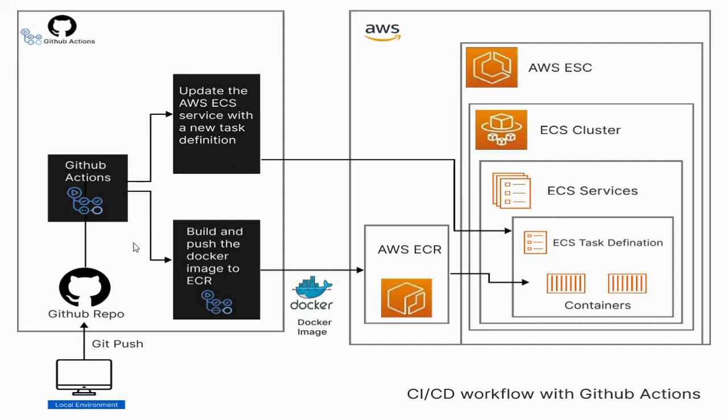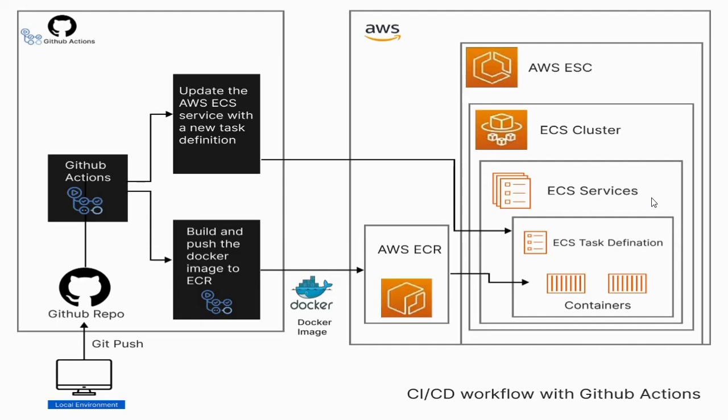This is the first part, and then the second, we will update the AWS ECS service with a new task definition that we are going to update after the image is created, and then according to that, we are going to deploy that service on the AWS ECS instance, and we will edit all the configurations there. We will create a ECR repository and ECS instance, and respectively service and task.